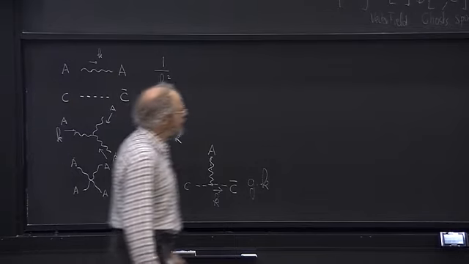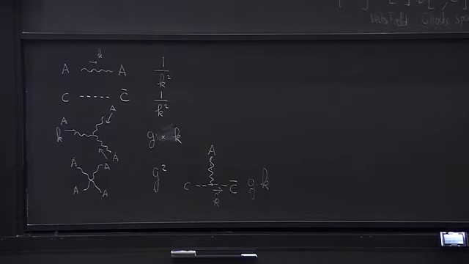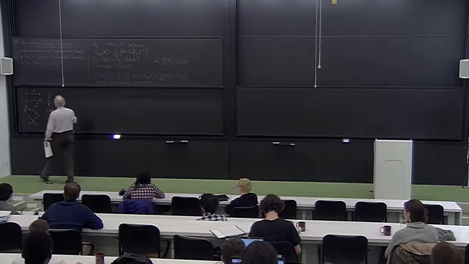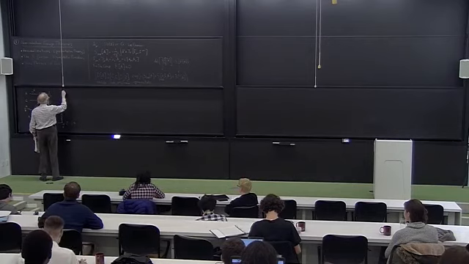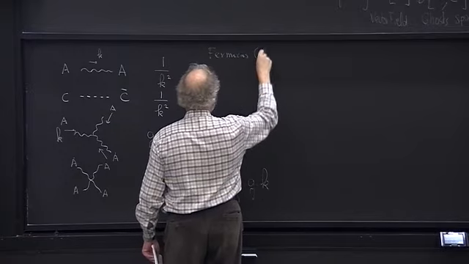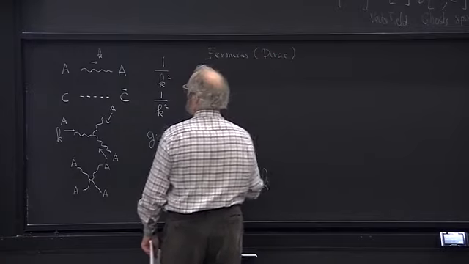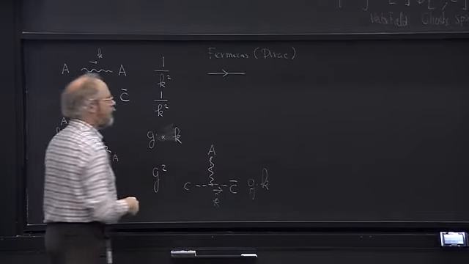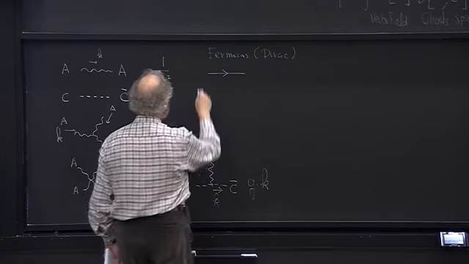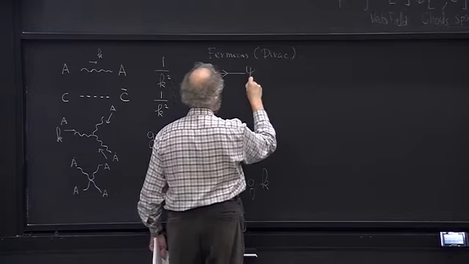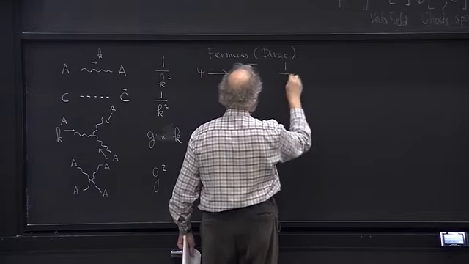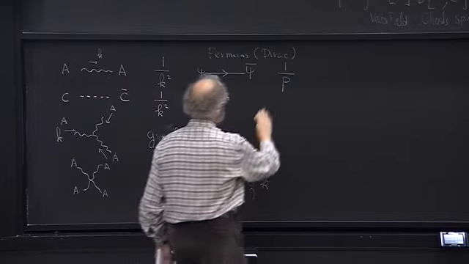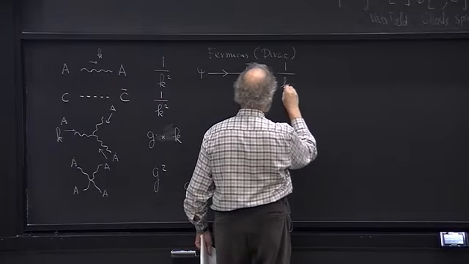Okay. And if you want to add matter fields, so if you want to add fermions, real fermions, Dirac fields, of course, you are going to have the standard propagator for the fermions. So between psi and psi bar, which behaves like 1 over k slash.